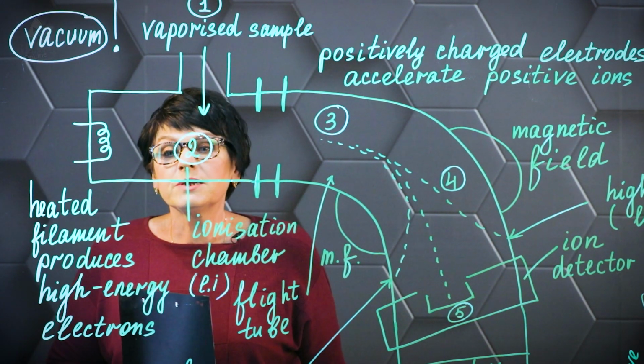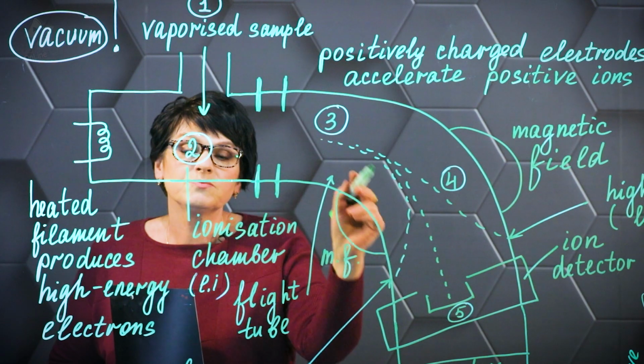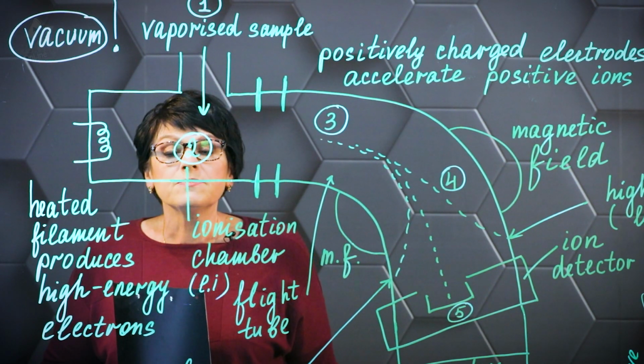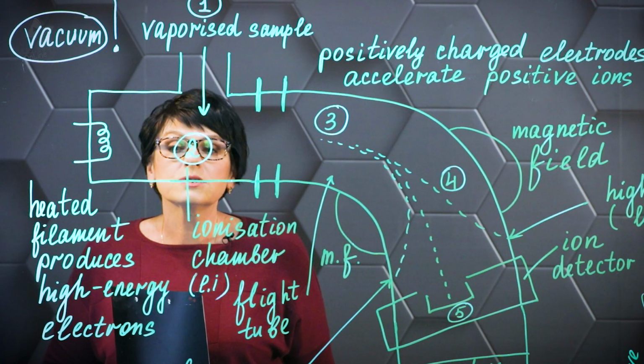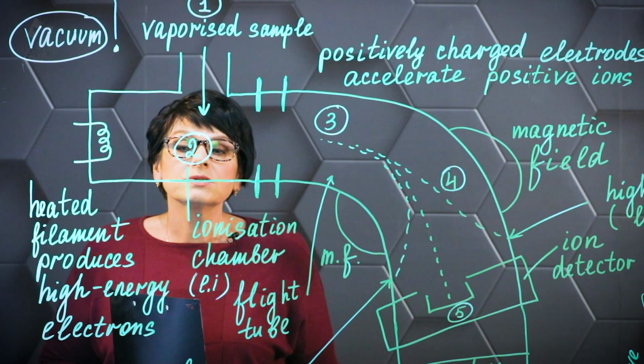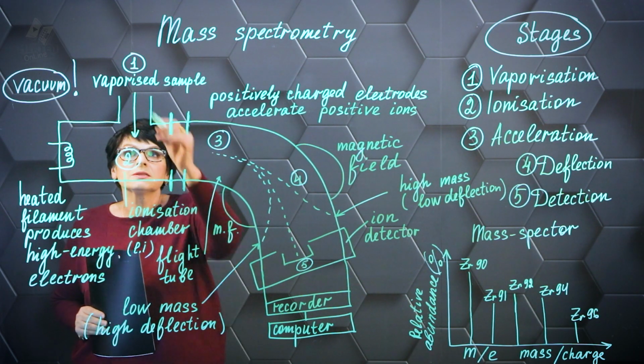All substances entering this mass spectrometer must be in a state of a gas. So if it's a liquid, it's heated. If it's a solid, it's also heated to a vapor state, which is a state of a gas. This step is called vaporization.